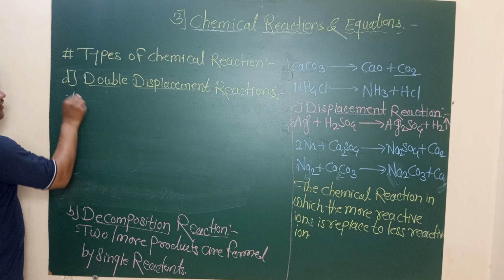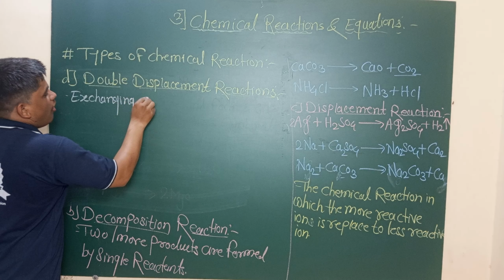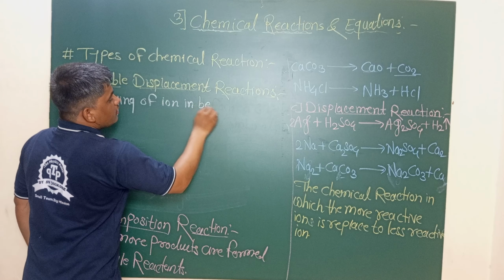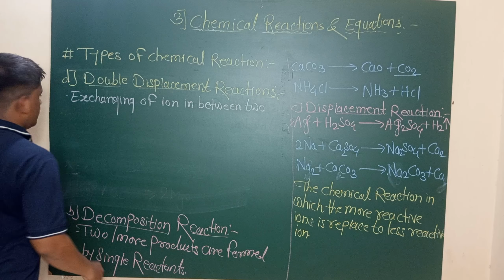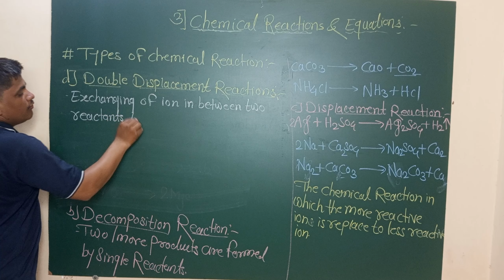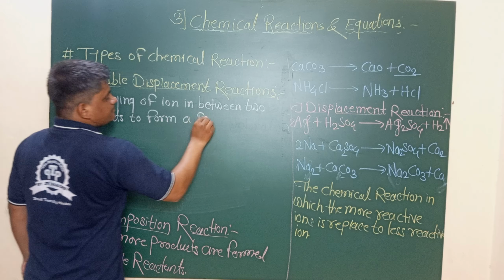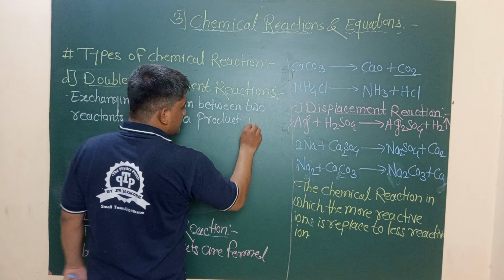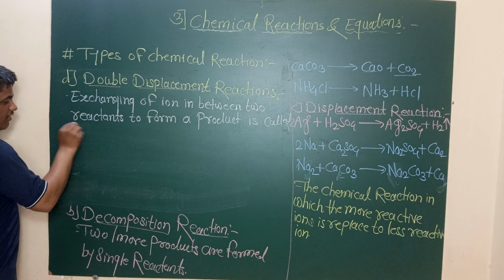The simple definition: the exchanging of ions between two reactants to form a product is called a double displacement reaction.